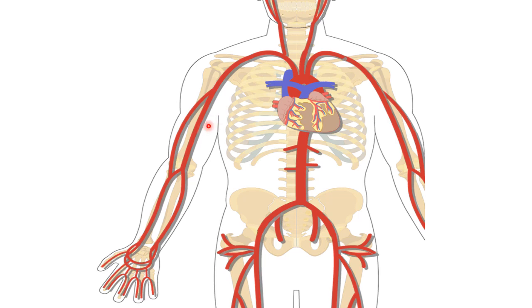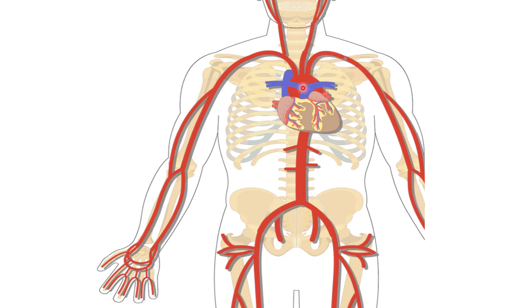Okay, so this is a more realistic diagram than the previous one that I drew. As we know, we have our aortic arch, and from this aortic arch we have 3 main branches arising: the brachiocephalic trunk, the left common carotid artery, and the left subclavian artery.